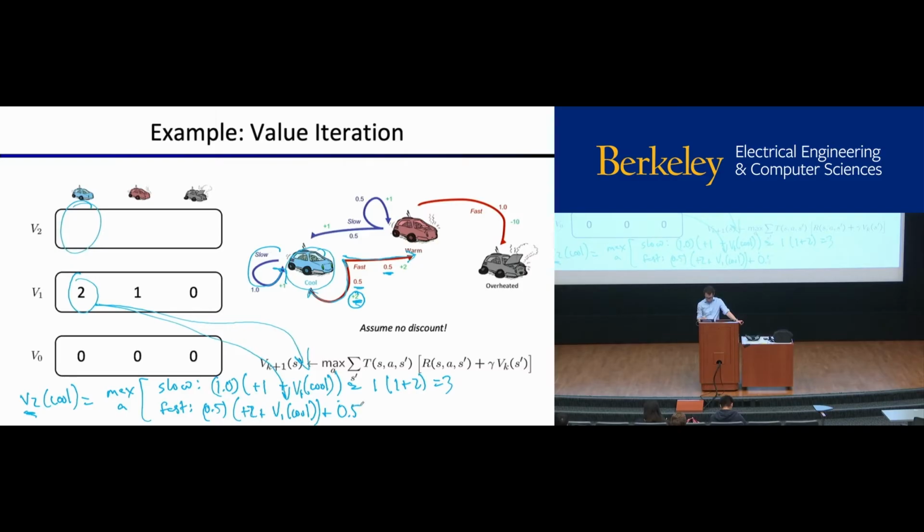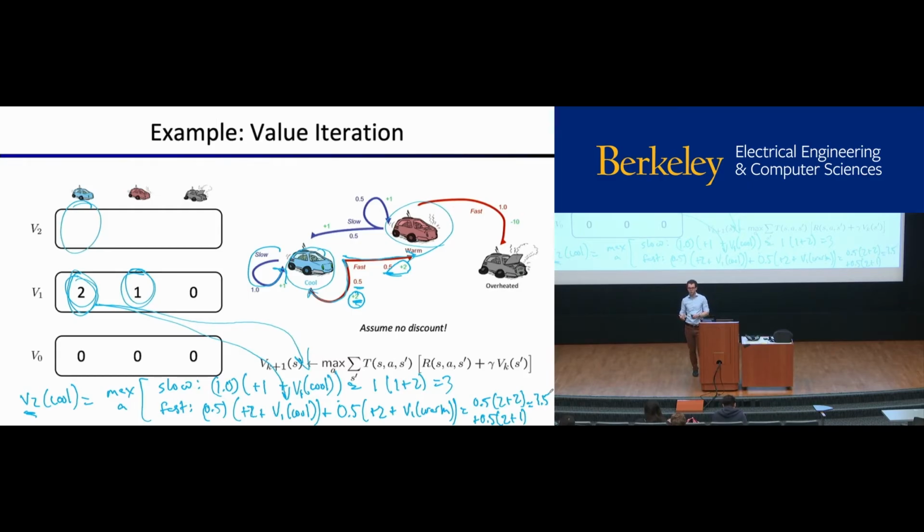Plus 0.5 times, we have this +2 for going this fast direction, plus the value of being in the warm state, because that's the one that takes us to the warm state. I didn't compute the warm state for you, but you can go through it on your own time. And so what we'll get is 0.5 times 2 plus 2, that's this, plus 0.5 times 2 plus 1, that's this. And ultimately, this will give us 3.5.